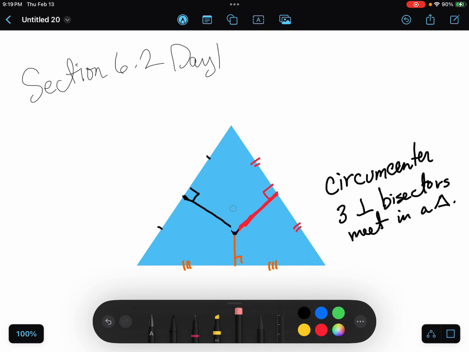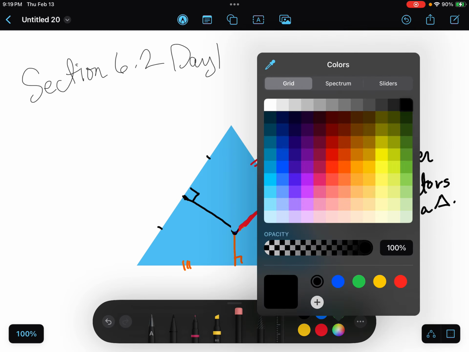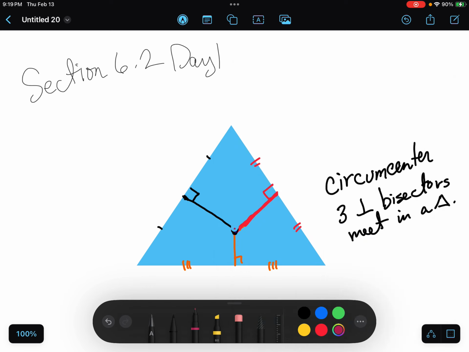This line here, out to this line there, out to this line there. All of these lines, I'm going to label with 4 because they're the 4th thing that we had. If they're coming from the circumcenter, all of those would be the same.